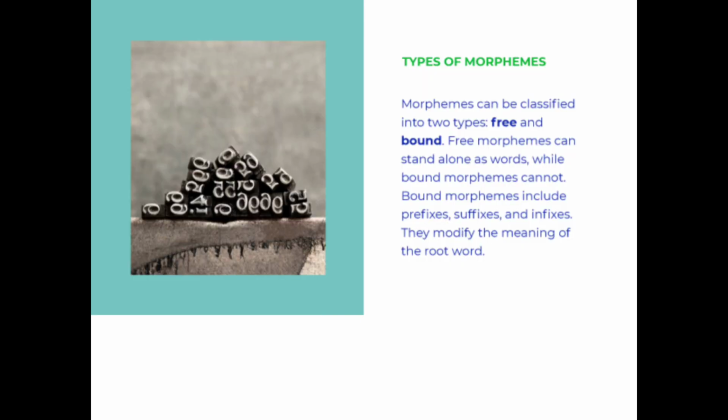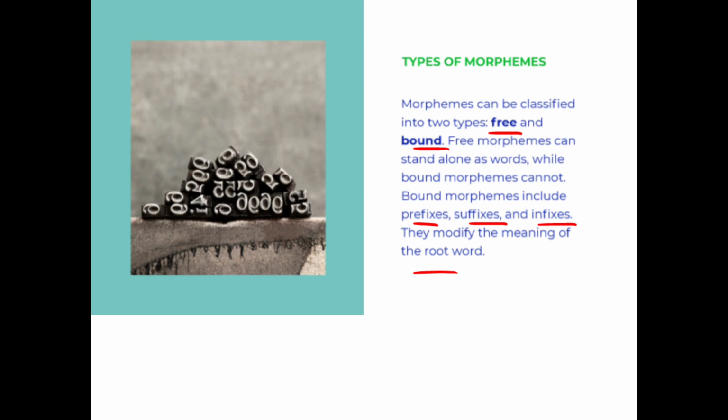Types of morphemes. We have two types of morpheme: free morpheme and bound morpheme. As we know, free morphemes can stand alone, while bound morphemes cannot stand alone. Bound morphemes include prefixes, suffixes, and infixes. They modify the meaning of the root word. Now, what are root words?